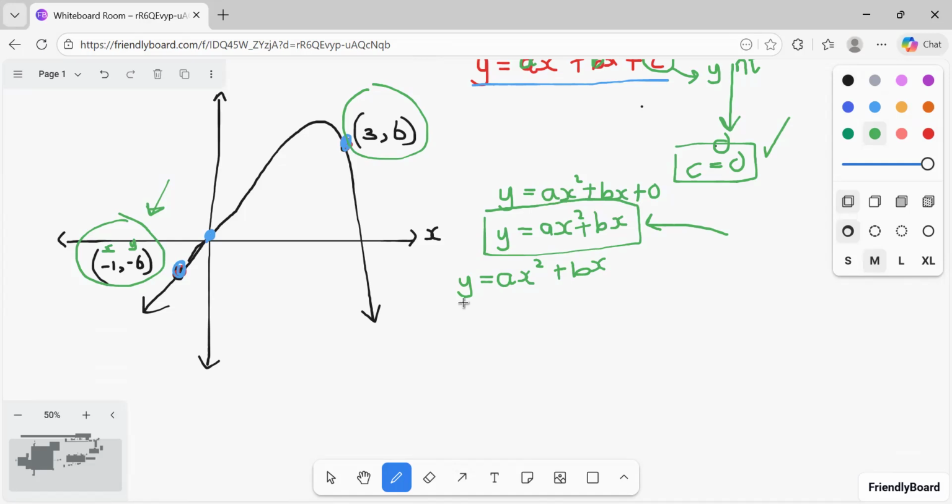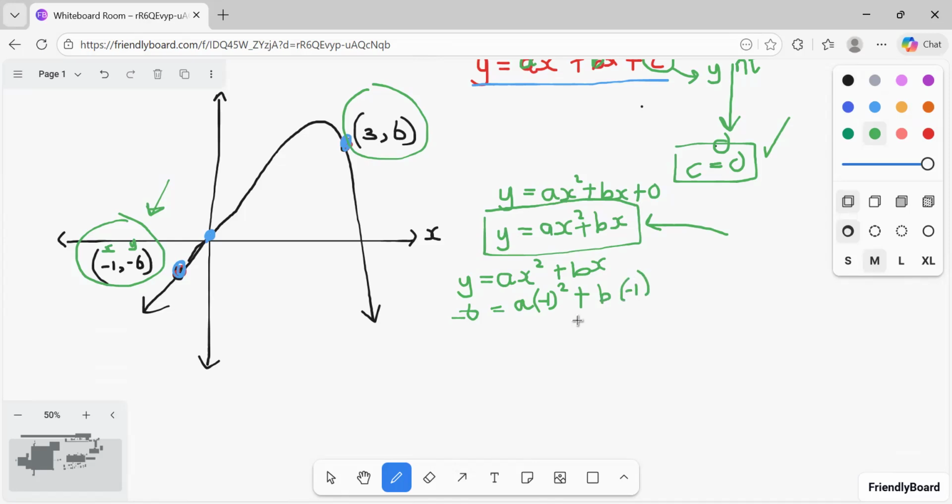So y is negative 6. Here I'm going to write negative 6 is equal to a. My x is negative 1 there, so I'm going to write negative 1 squared plus b. Then in the place of x, I'm also going to put minus 1.